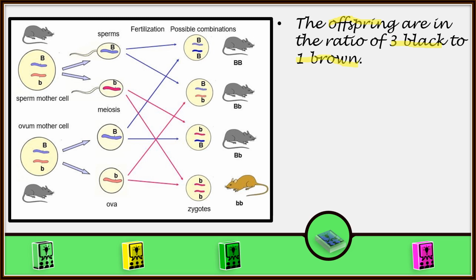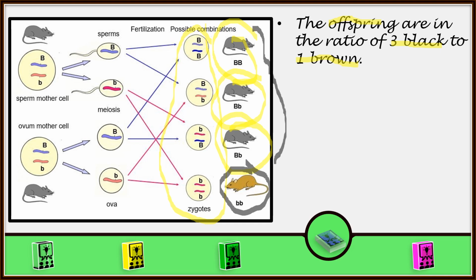When you look at our offspring which we have got here, 3 of them are going to be black. One will be black, and another will be black, and the last one will be brown in color. So which means we have 3 blacks and 1 brown.